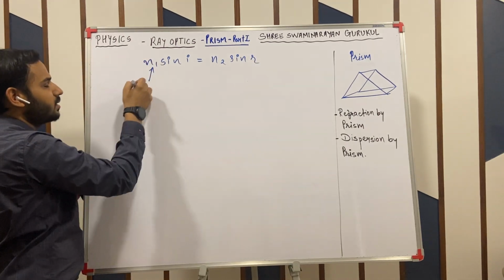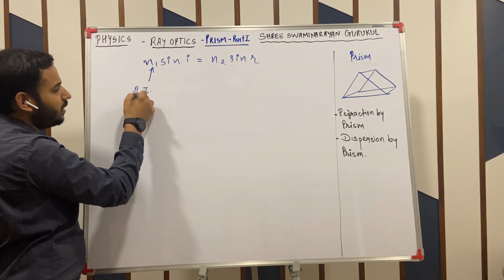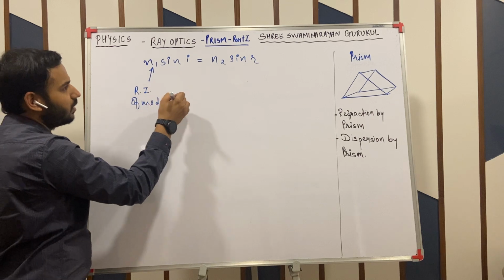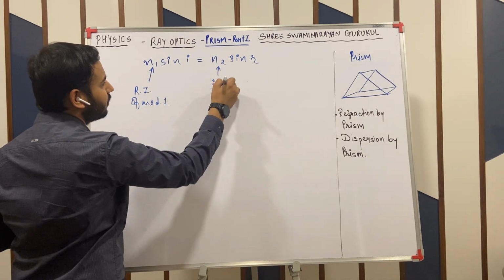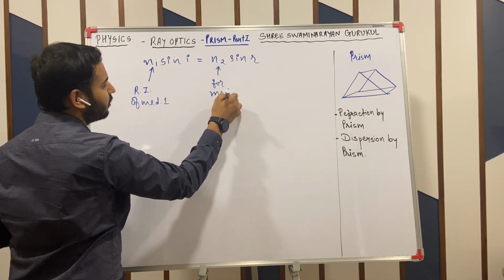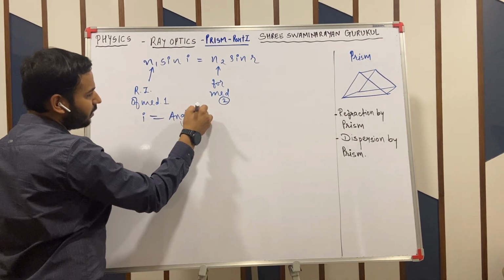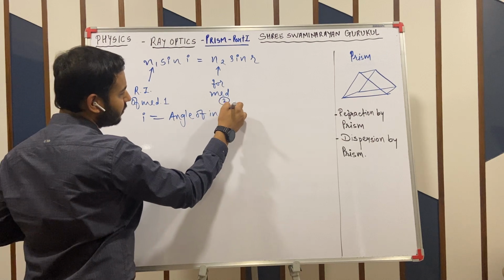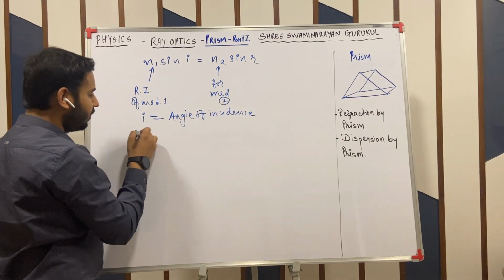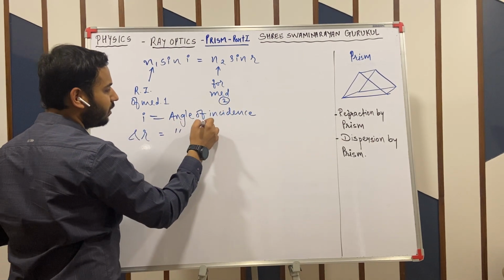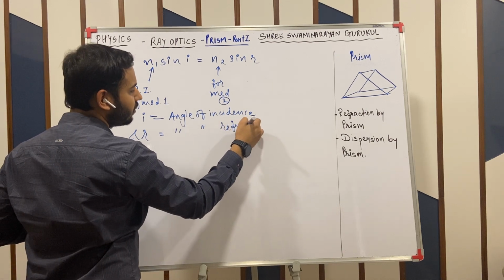Here n1 is the refractive index of medium 1 and n2 is for medium 2. Right? i is the angle of incidence and r is the angle of refraction.